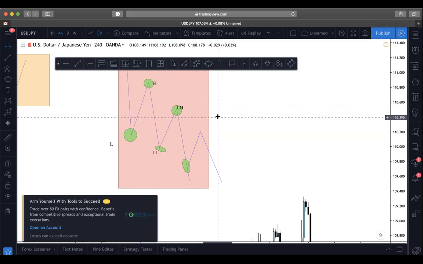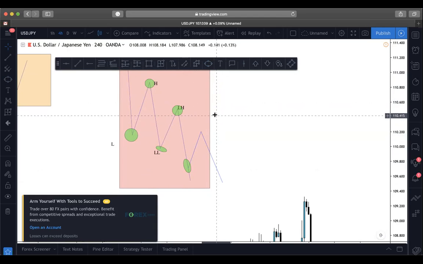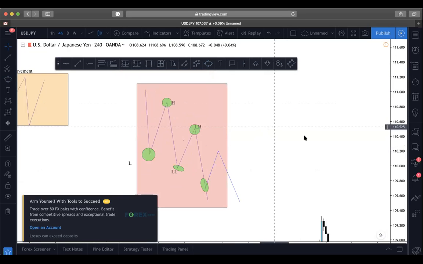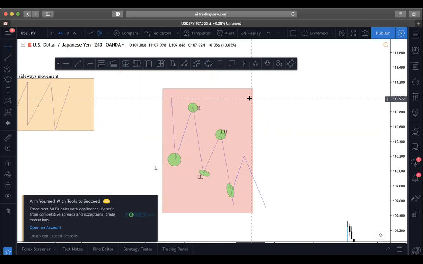Now, a simple way you could take a trade, right? Once you know the market is in a downtrend, then you know that the market is not supposed to pass this point, right? Because the characteristics of a downtrend is a low, a high, a lower low, and a lower high, right?